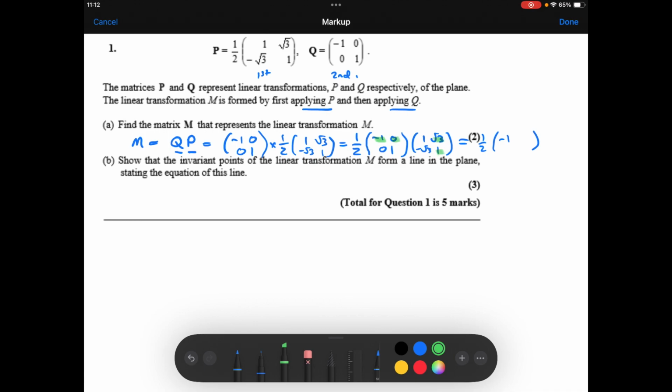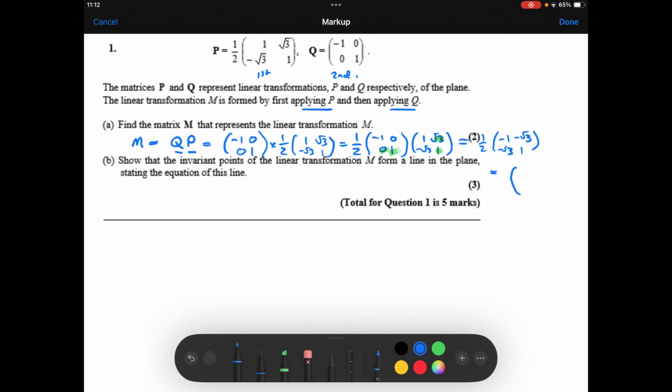So that's just minus root 3. Then 0 times 1 plus 1 times minus root 3 is minus root 3. And then finally the 0 times root 3 plus 1 times 1 is 1.